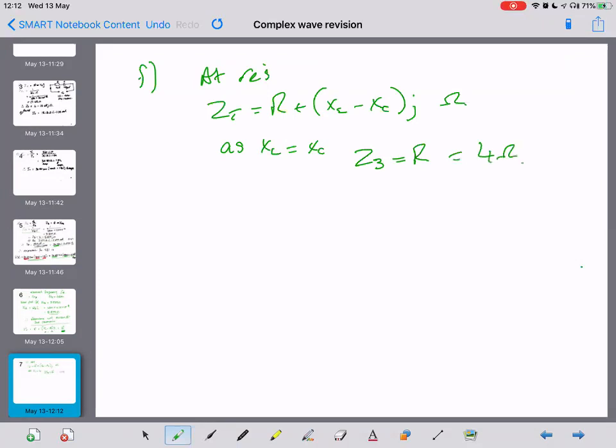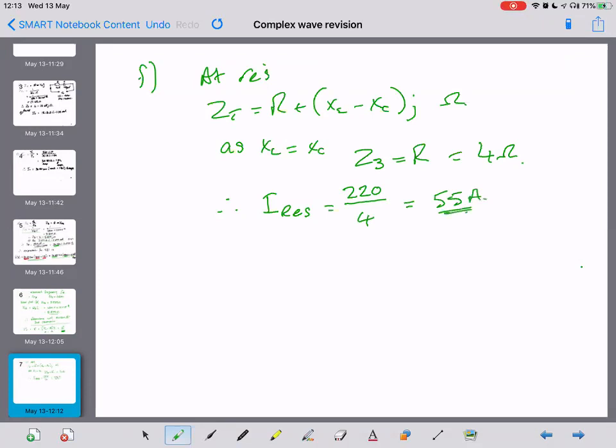So I at resonance is equal to the voltage at third harmonic divided by the resistance, which is equal to 55 amps.